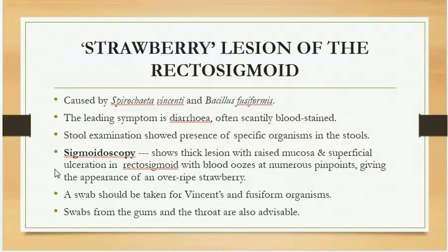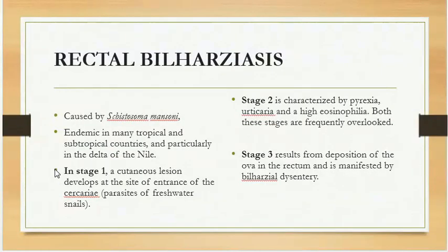A swab should be taken, and the Vincent's and fusiform organisms can be seen bacteriologically for diagnosis. Swabs from the gums and the throat are also advisable in these patients. So this is the strawberry lesion of the rectosigmoid.